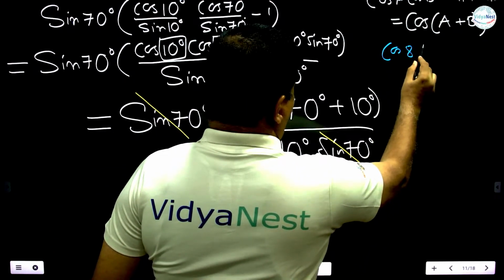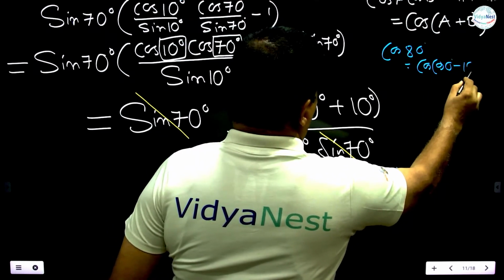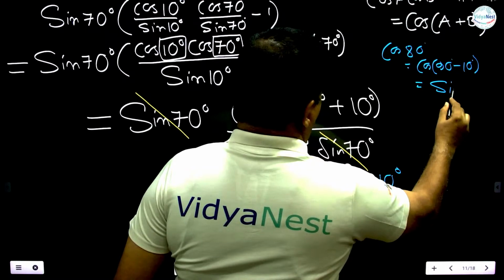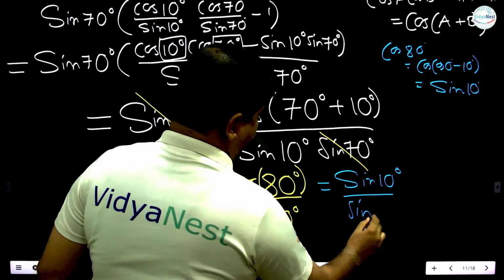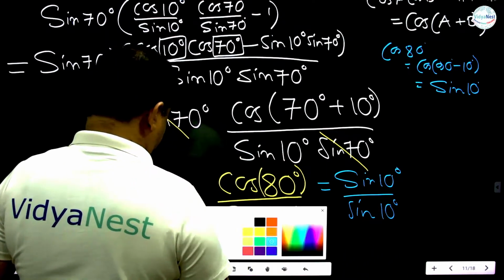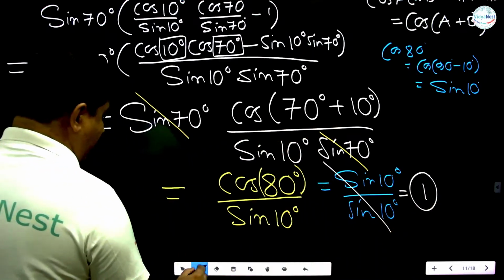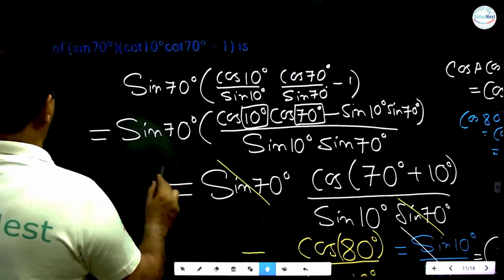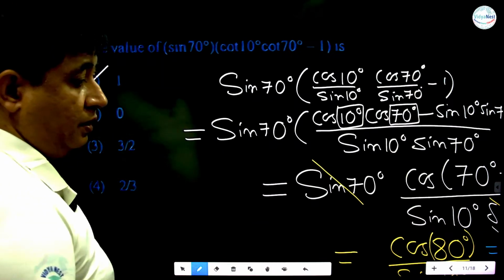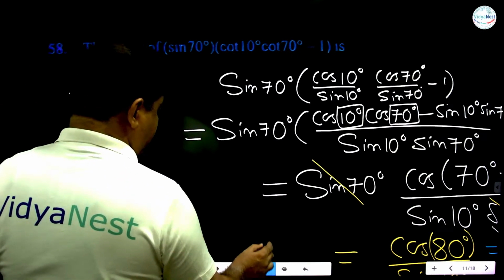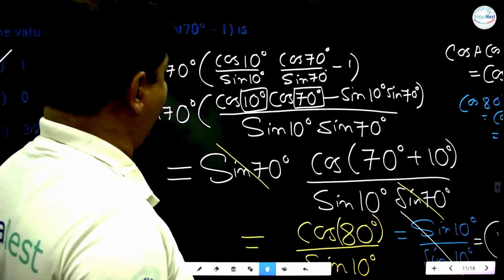Because cos 80 means cos 90 minus 10, that is sin 10. So sin 10 by sin 10, cancel, 1. Now let's see, does it match with any option given? Option 1. So it is not that much of tough.